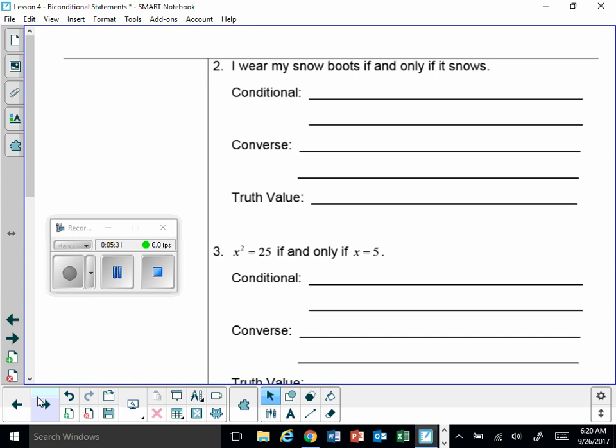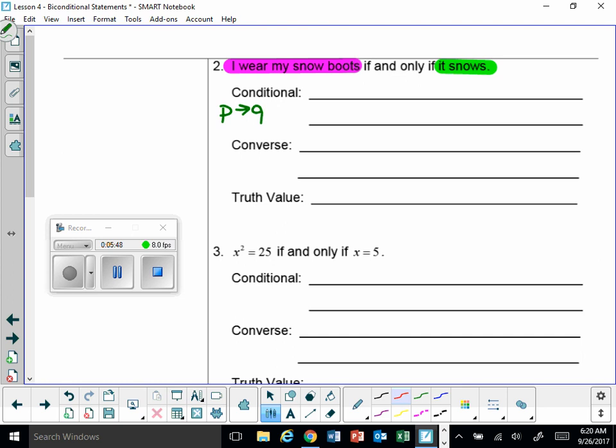I wear my snow boots if and only if it snows. So again, I wear my snow boots will be my hypothesis. It snows will be my conclusion. So conditional is P, then Q. If I wear my snow boots, then it snows.